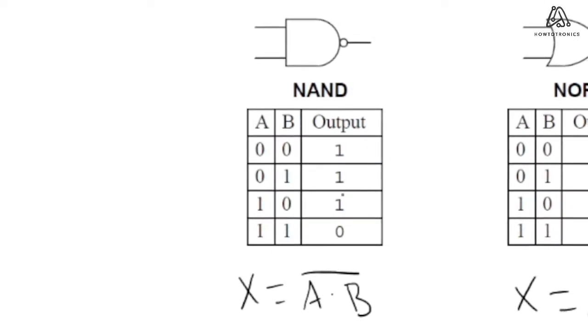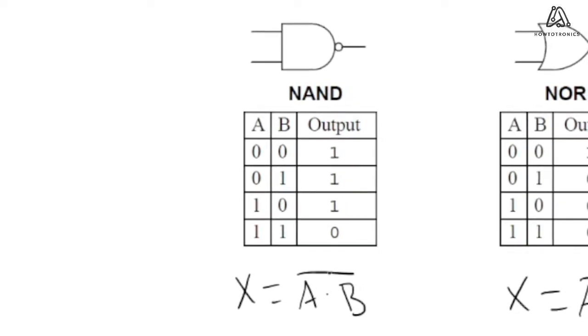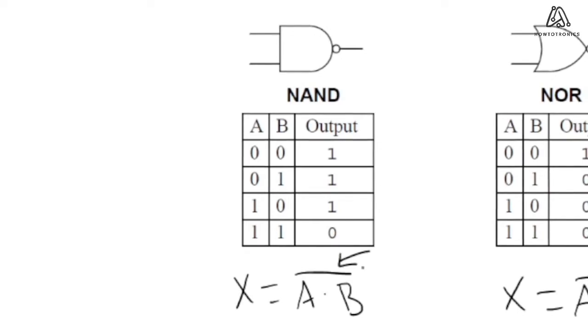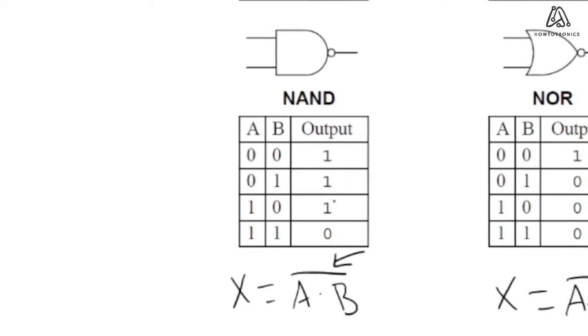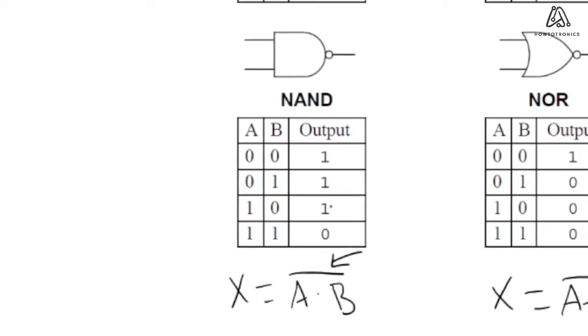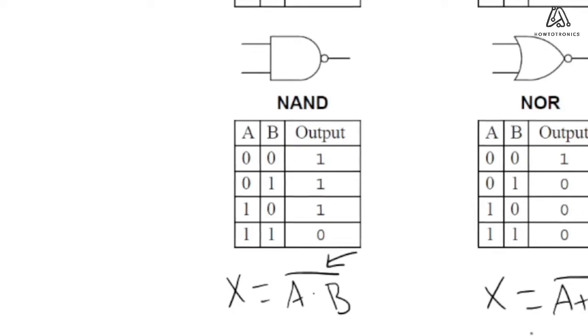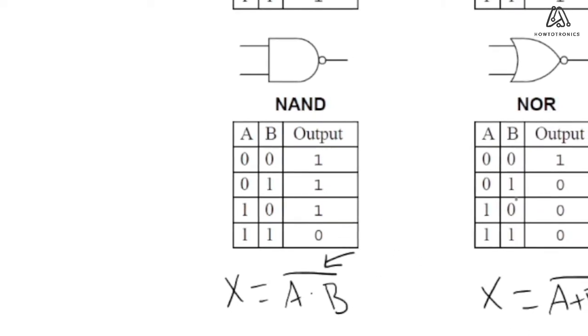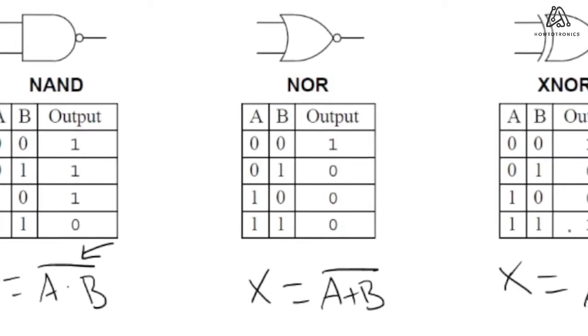So it's a complete inverse of it. And this is what this line here means. This line means it's inverted, so all of our outputs will be inverted to the opposite. This is how we identify this NAND gate. This applies across all these gates, including the NOR gate and the exclusive NOR gate.